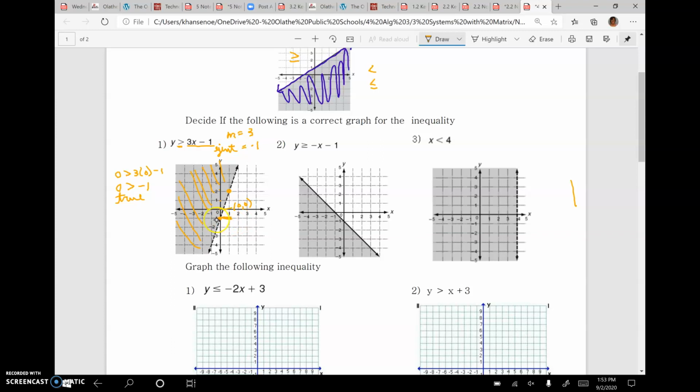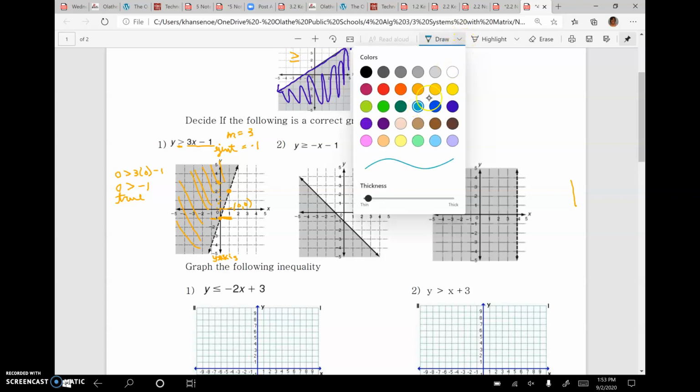This is my y-axis right there. So then what you can say is, where are the y's greater than -1? Well, they're up here. So then that would be the place that you shade. That's why you shade on that side. All right, so let's look at the next one.